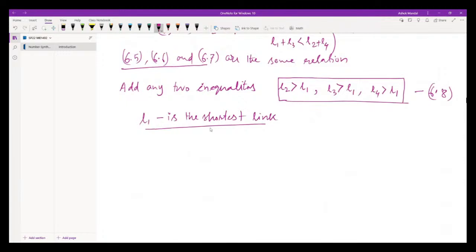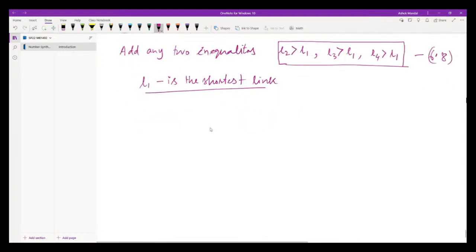What is the condition? So suppose we explore rotation of link 3 with respect to link 2 or link 4, that we need to explore.